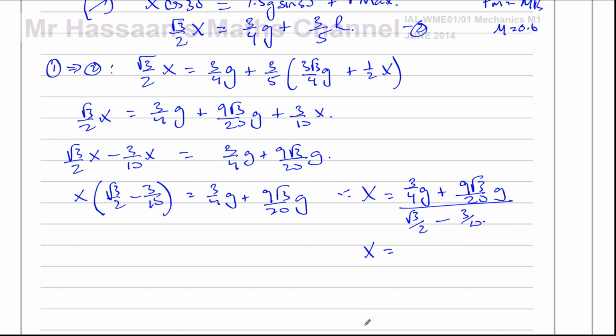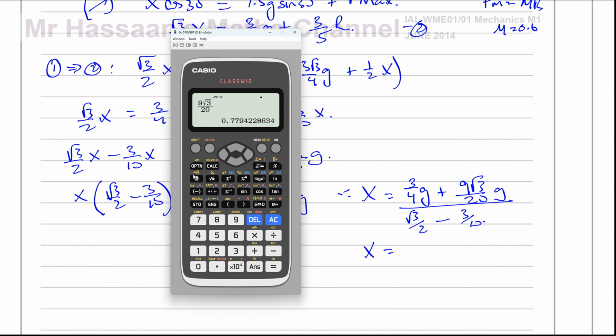Which gives us, make sure we put this in the calculator properly, 3 over 4 times g. I'll put it in terms of g, because g can be taken out, plus 9 root 3 over 20.